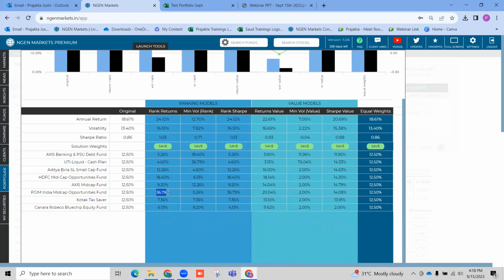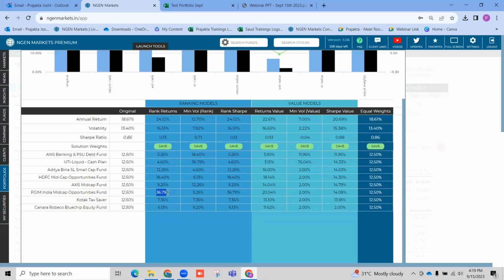Typically what it has done is put all the eggs into one single basket. So tomorrow, if this PGIM India mid-cap opportunities does not perform well, 36% of your portfolio is in that particular fund.